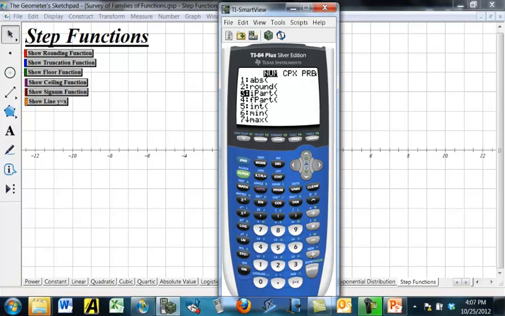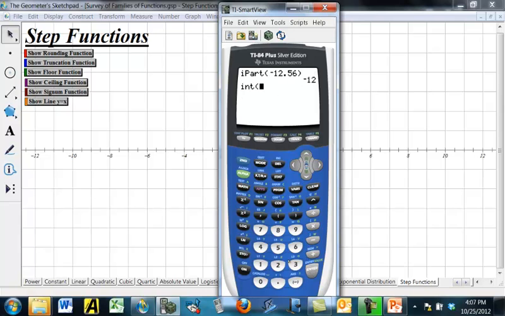Again, integer part, you can use that. And we get, it just lops that off. Okay, and we can do integer part. That just lops it off, and then greatest integer is the floor function.